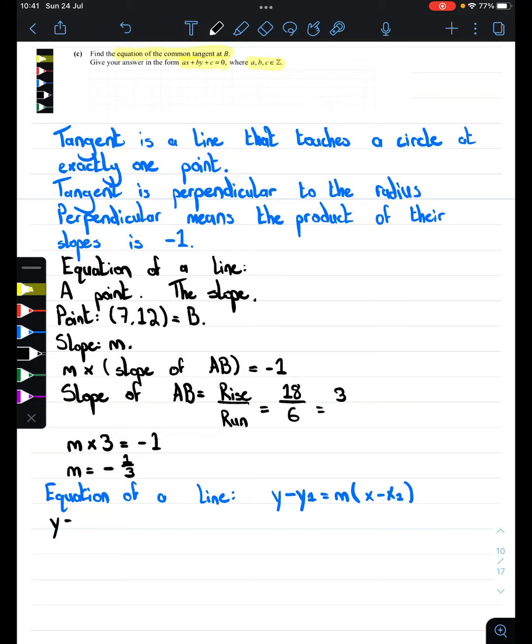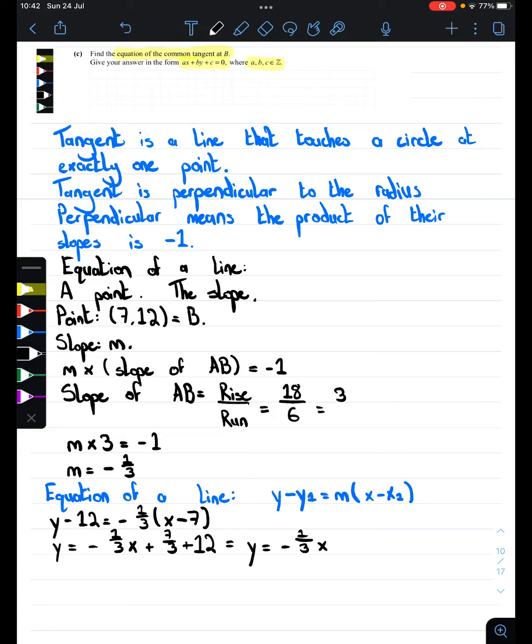So we have everything we need. y minus 12 equals -1/3 times x minus 7. Okay, so let's just multiply out, bring the -12 across. y equals -1/3 x plus 7 over 3 plus 12.